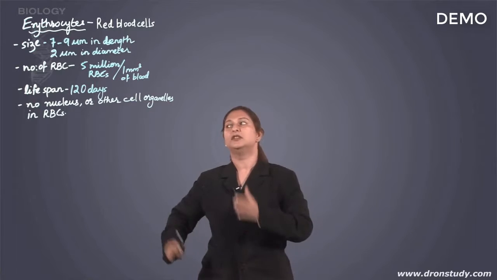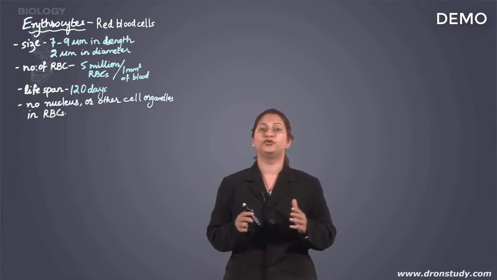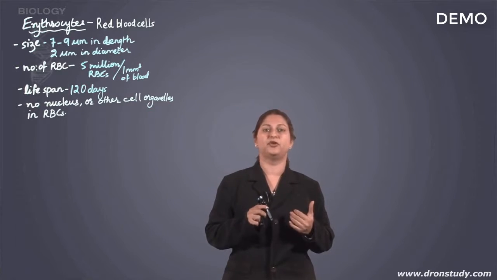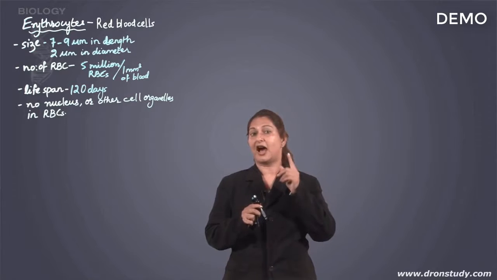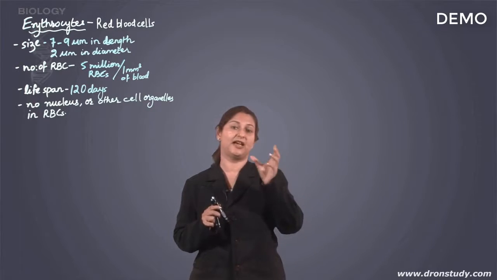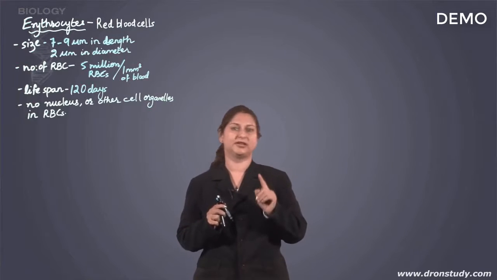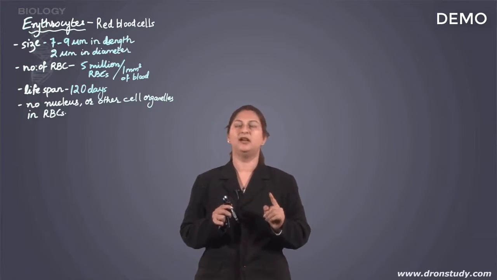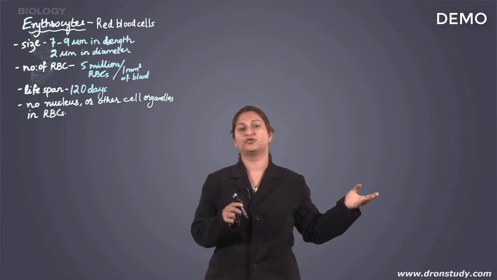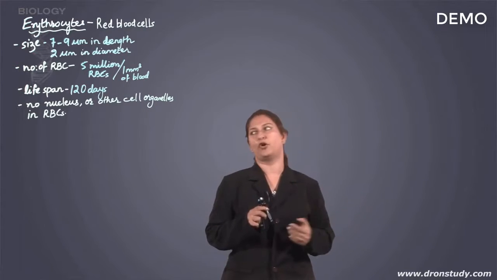Just like that, the RBC cannot afford to consume the oxygen for itself. In fact, it is such an ironical situation. RBC undergoes anaerobic respiration for its survival and supplies oxygen to the entire body.